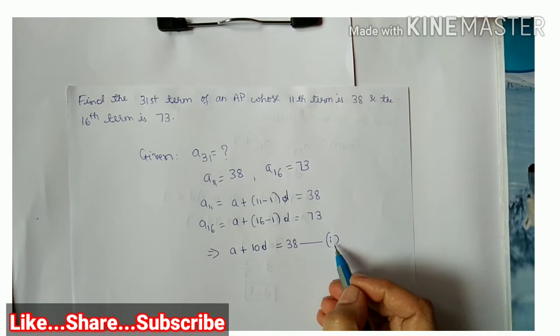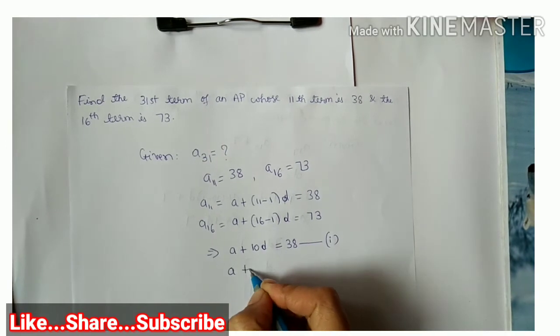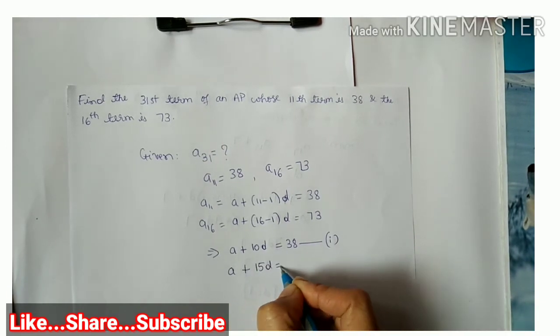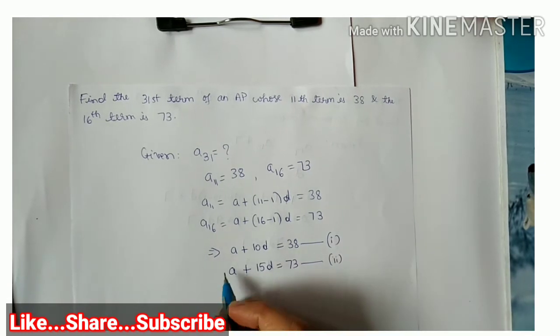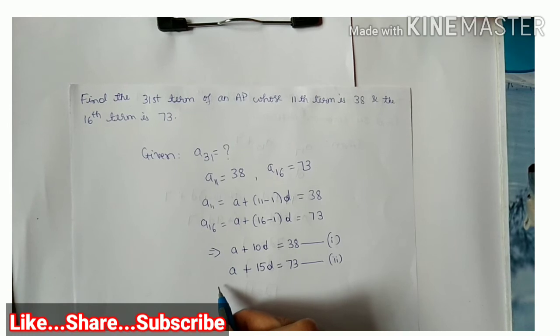Let us take this as equation 1. a + 15d = 73 is equation 2.